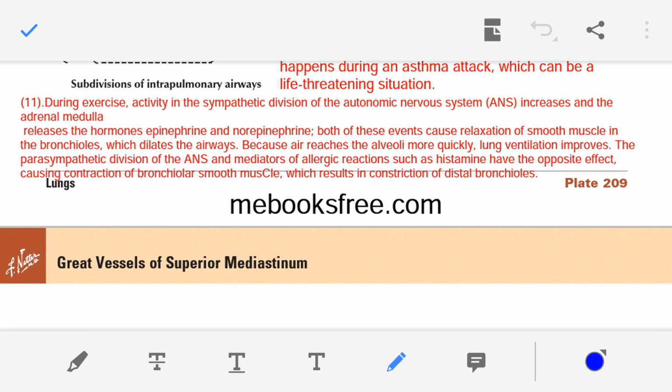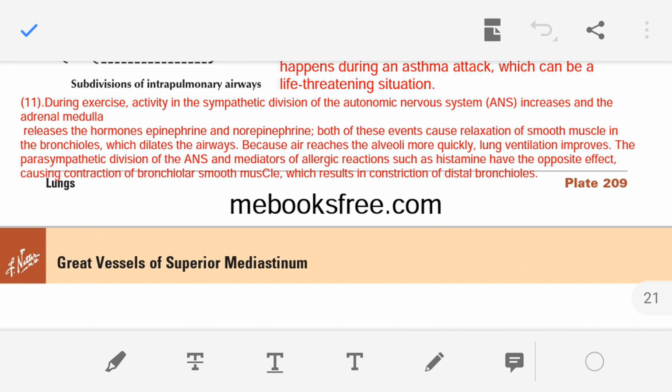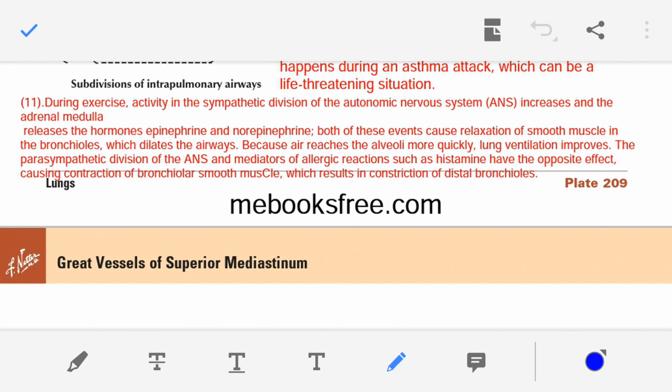Now when the parasympathetic division of the ANS is activated, or under an allergic condition where histamine is produced, there is the opposite effect to what we discussed during exercise. It was helpful, but if parasympathetic activity increases, or due to allergic reactions more histamine is produced, opposite effects take place.